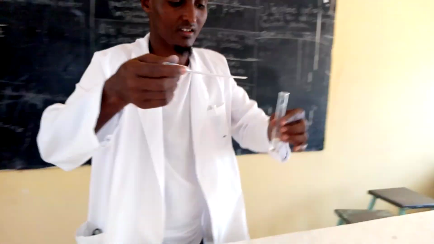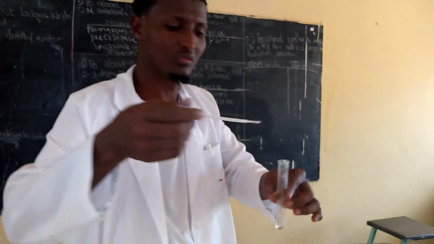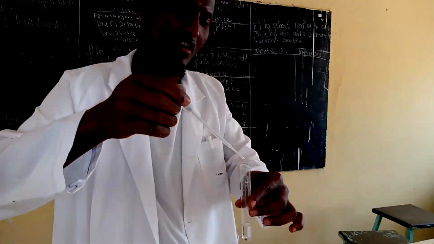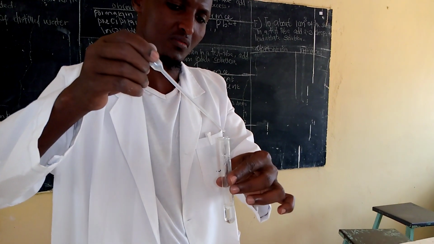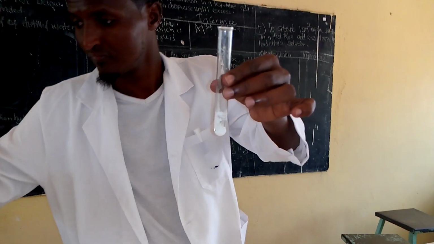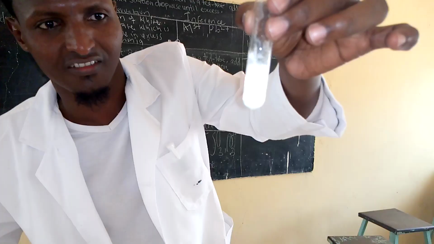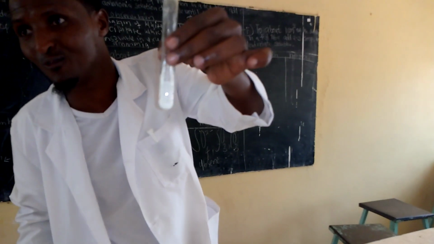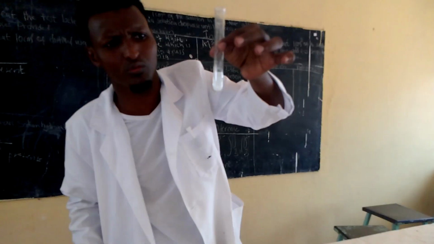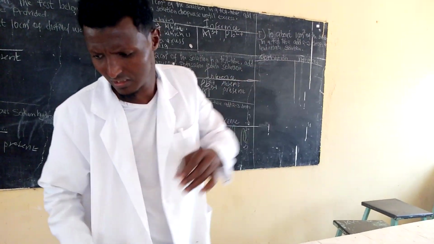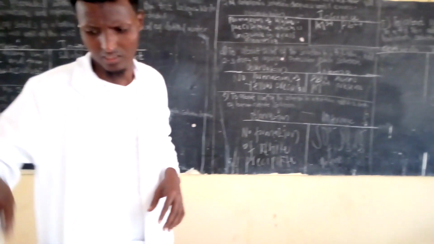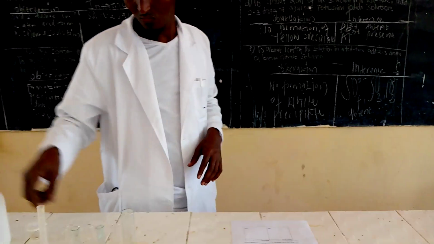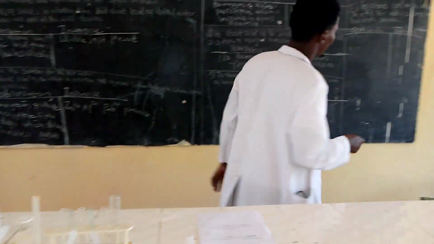So let's add 2 to 3 drops. 1, 2, 3. See now? Formation of white precipitate. That is what we call white precipitate, my students. So that's the formation of what? Formation of white precipitate.